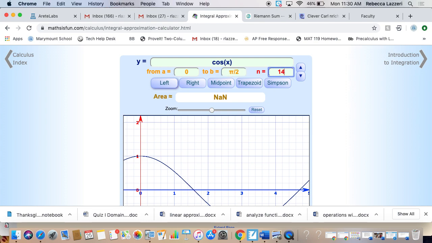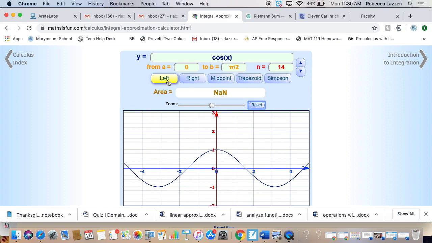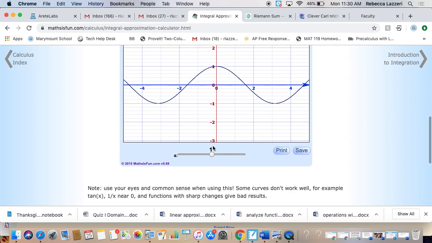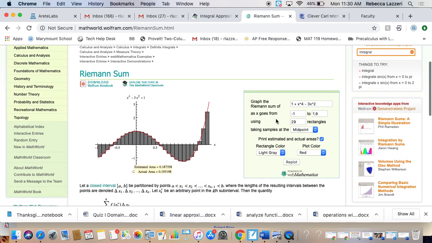I want 4 rectangles from the left. Oh, I've got to use this. And it's not doing it. So let me go to this one. Okay, we'll use, I don't know why that wasn't working today.